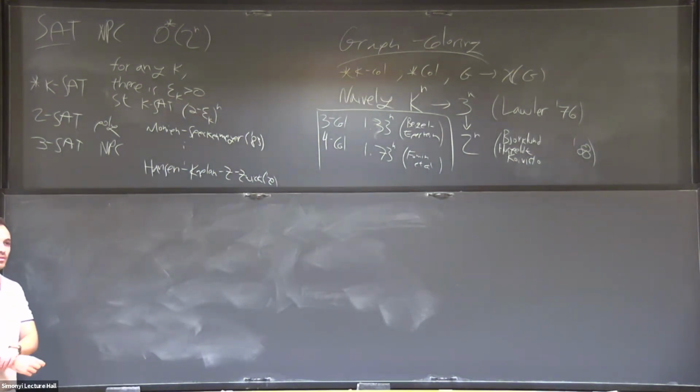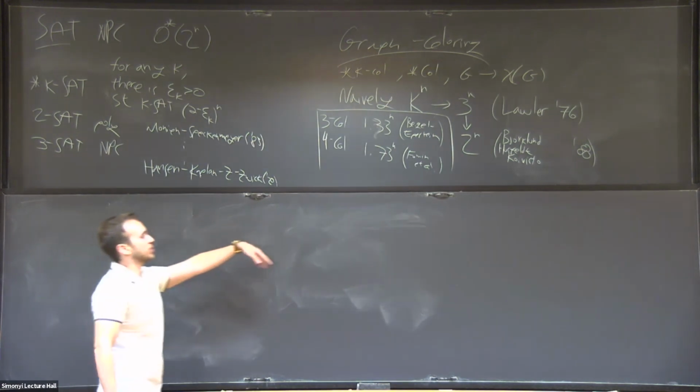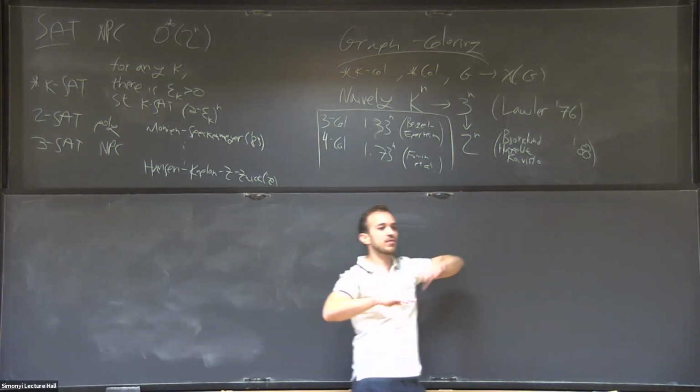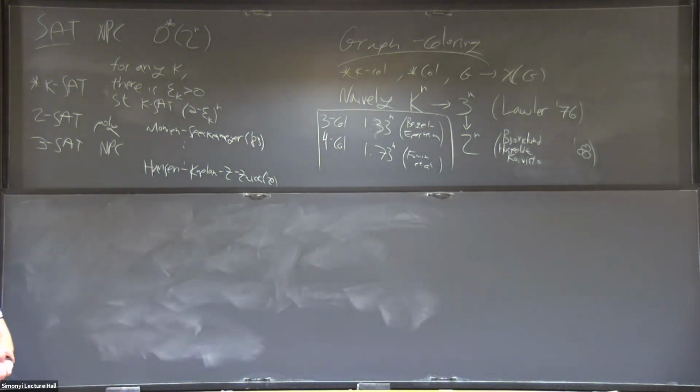Yeah, if you can do one of them in 2 minus epsilon, you can do the other in 2 minus epsilon. I was talking about the general case, showing that general graph coloring and general SAT can either one of them be solved exponentially faster than 2 to the n, or both of them. Okay, so let's say a few words about the algorithms.